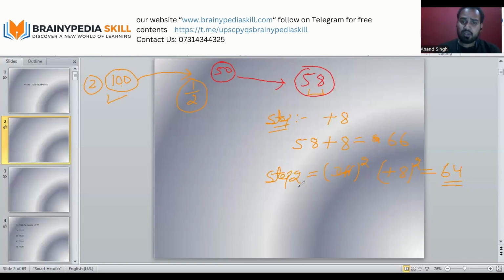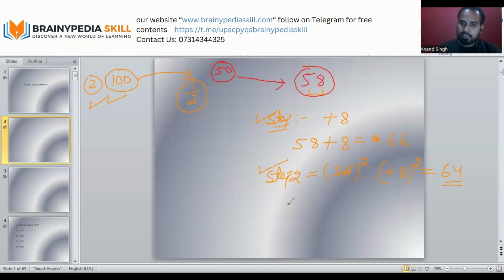Now the only thing you have to remember in this particular method, if you see very carefully, you're going to find this step is similar to what we have already covered in the previous video, when we were calculating the square of numbers nearby 100, right?